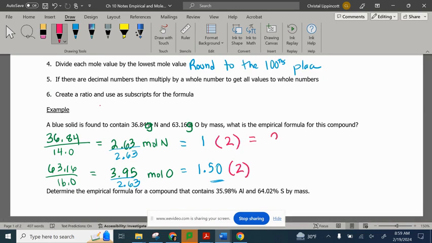So that's going to give me a 2 here, and a 3 here. And then these become my subscripts. So I take my element here, which is nitrogen, so N2O3. This is my empirical formula then for this substance. Easy enough?